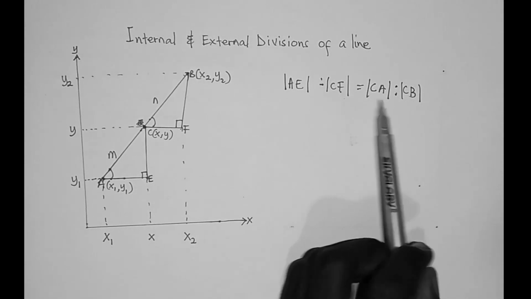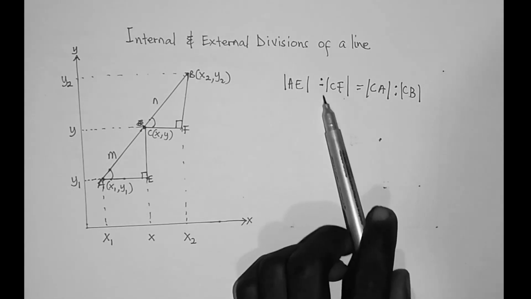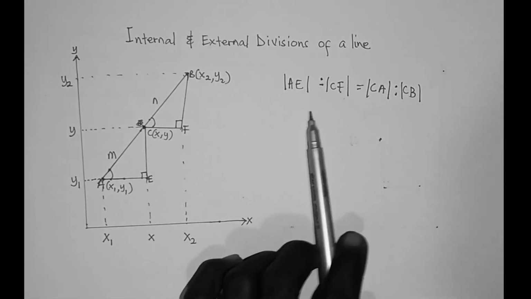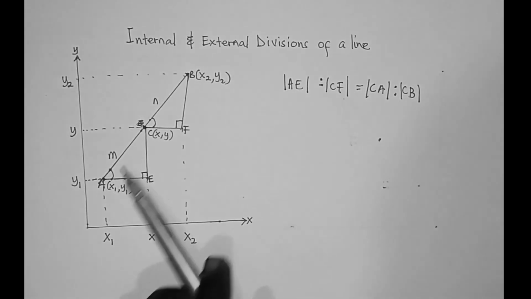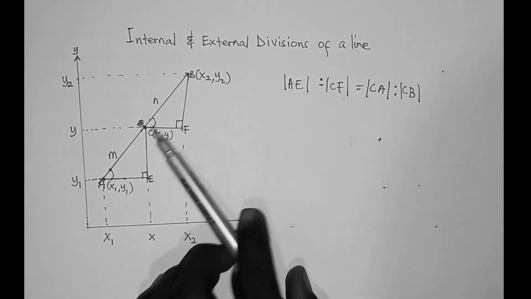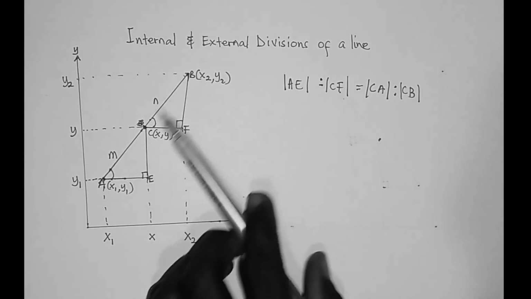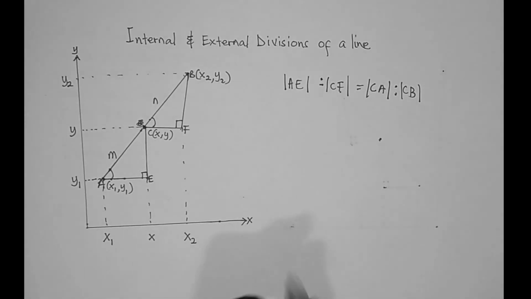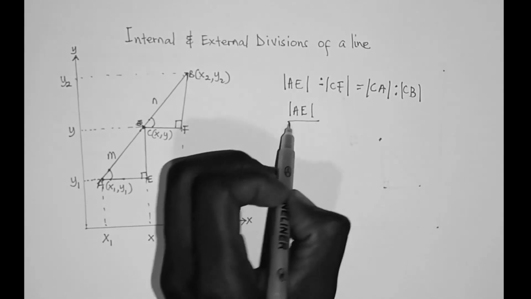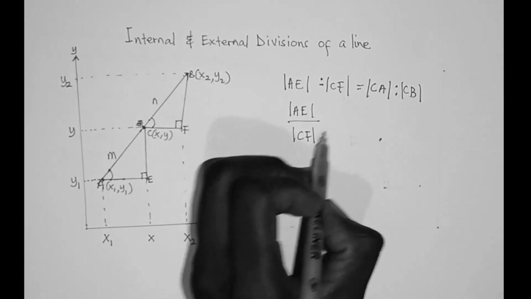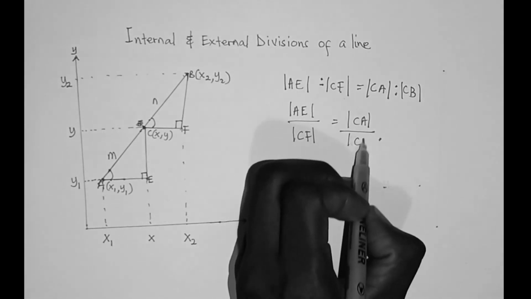So what we are saying is that the ratio of the magnitude of AE, which is this length, with reference to CF, is equal to the ratio of the magnitude of CA, which is this side of the triangle, this length, with reference to CB, this length. So now, this means that the magnitude of AE divided by the magnitude of CF is equal to the magnitude of CA divided by the magnitude of CB.